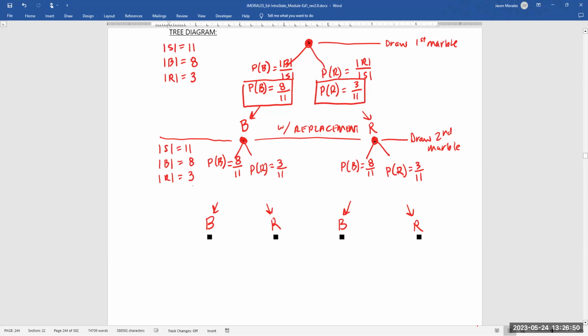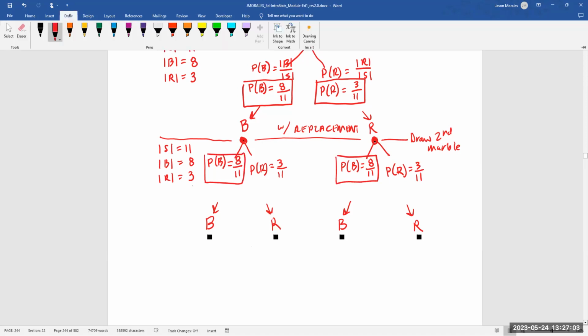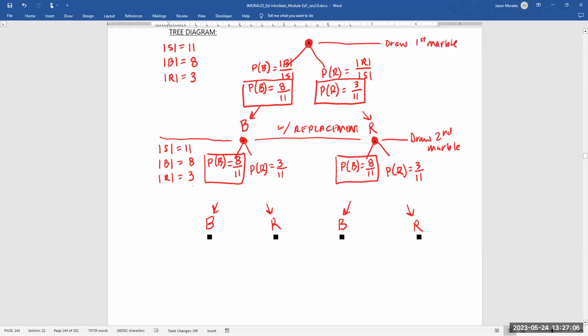So now let's complete this by using the multiplication rule. So going down these connective branches, let's use a different color.